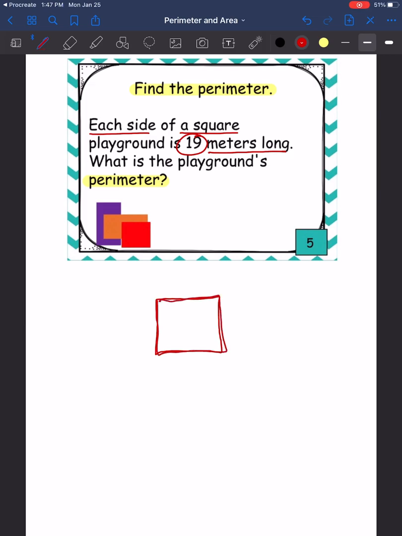I'm drawing out my square. I'm going to go ahead and first write that S equals 19 meters, because it tells me each side of the square is 19 meters long. Now I'm going to write it on each side.